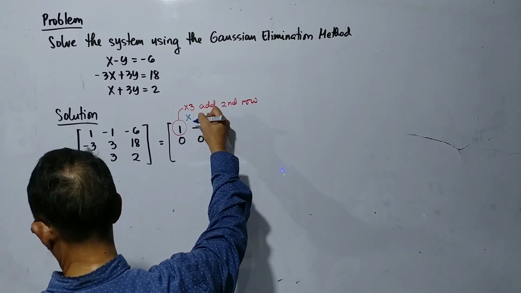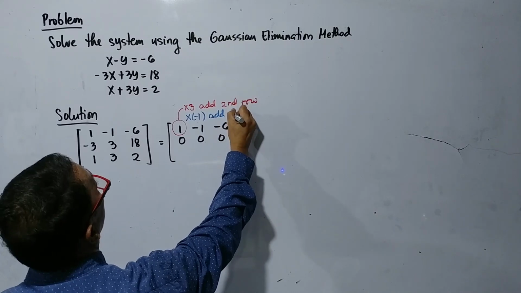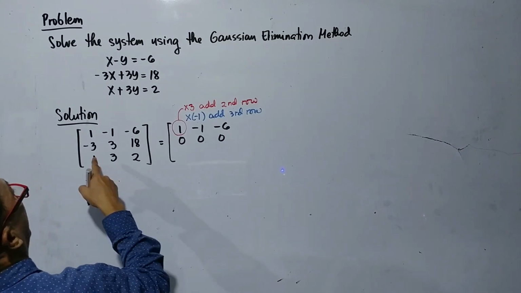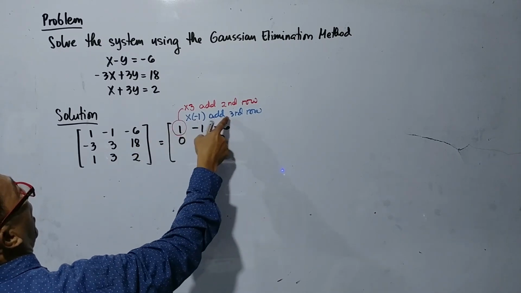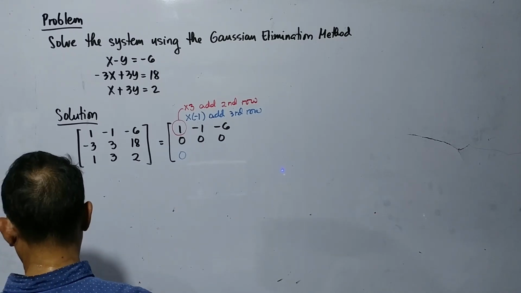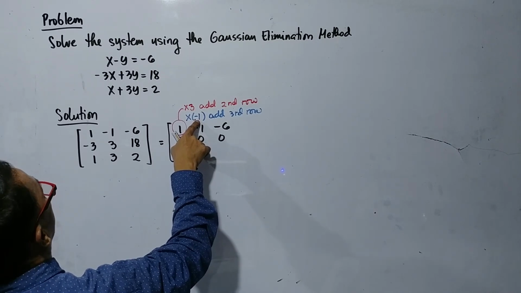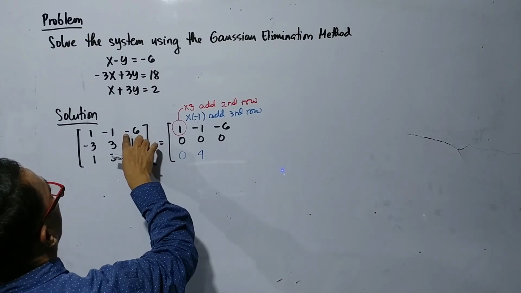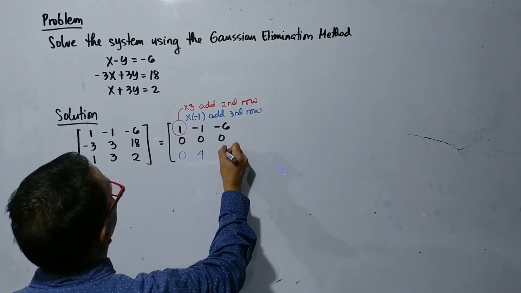So we have 1 times negative 1 is negative 1, add third row plus 1 equals 0. Negative 1 times negative 1, positive 1, plus 3 equals 4. Negative 6 times negative 1, positive 6, plus 2 equals 8.